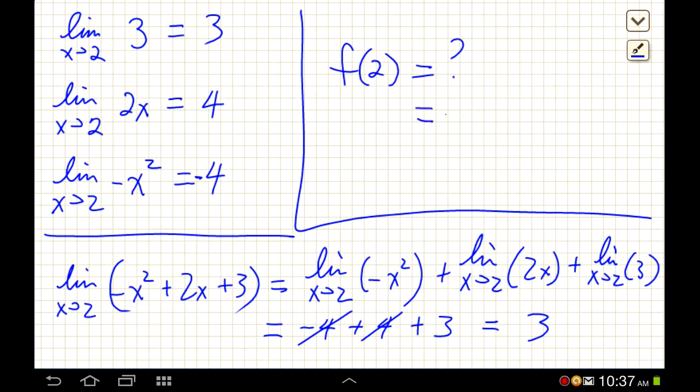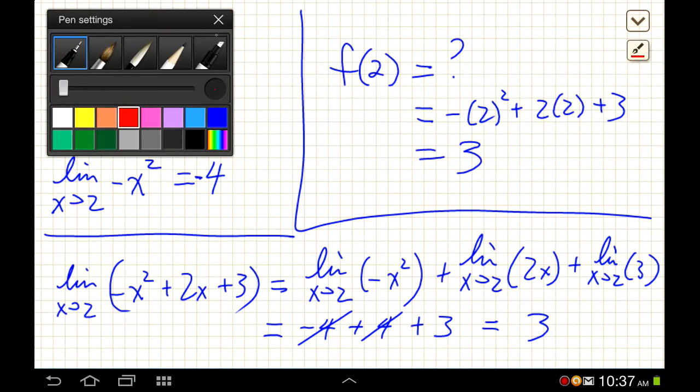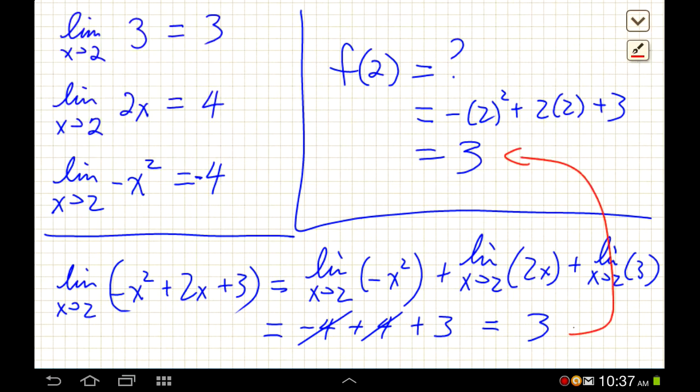So we have the same value: as x approaches 2, the limit equals 3, versus evaluating the function at 2, giving us an evaluation of 3. But we cannot do this. We cannot just evaluate x at 2, find the y value to be 3, and then say that is the limit.